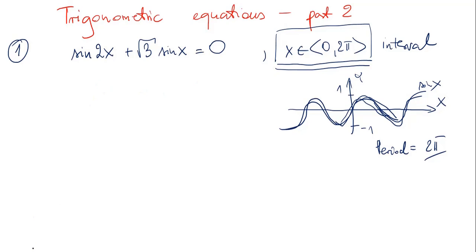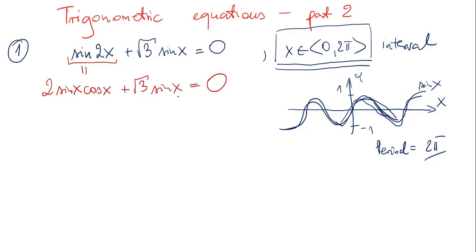Okay, so let's try and solve this equation. So here we have a formula for sine double angle, right? So we have a formula for this, and it's 2 sine x cosine x plus square root of 3 sine x. Alright, so that's much better.